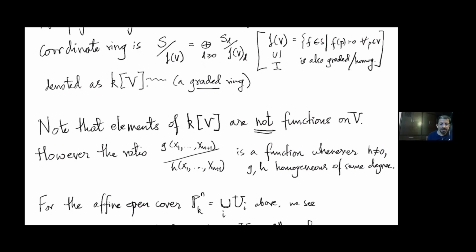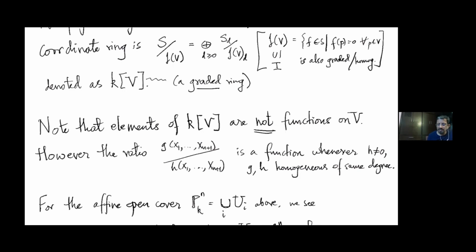I should warn you, however, that the elements of K[V], unlike in the affine situation, are not functions on V. Instead, what one should look at is ratios of homogeneous polynomials of the same degree, because of the property we saw some time back: if you multiply each xi by lambda, then the same power of lambda comes out, so that your ratio is defined unambiguously. Therefore both G and H should have the same degree.